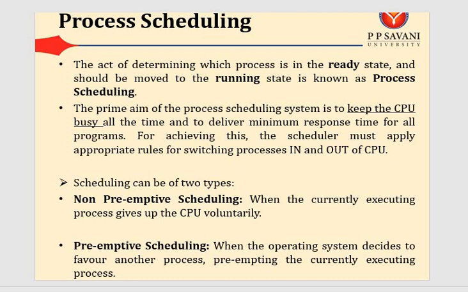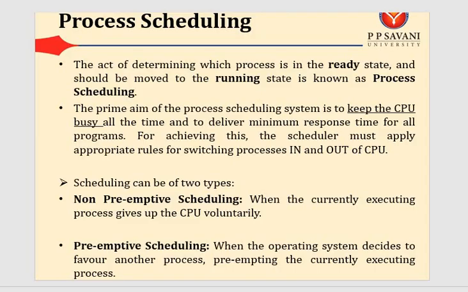For achieving this, the scheduler must apply appropriate rules for switching processes in and out of the CPU. So scheduling has two types. First, non-preemptive scheduling, and second, preemptive scheduling.